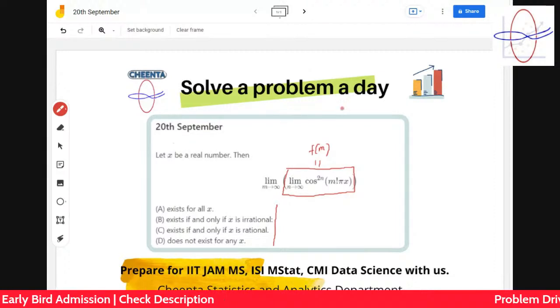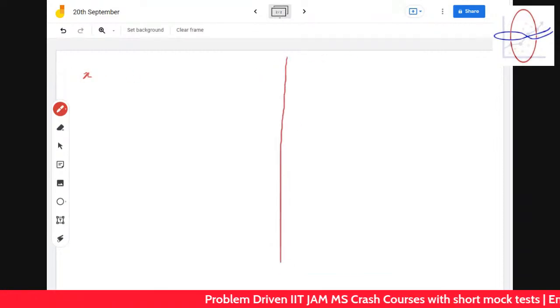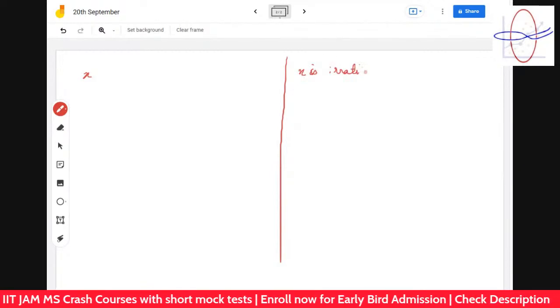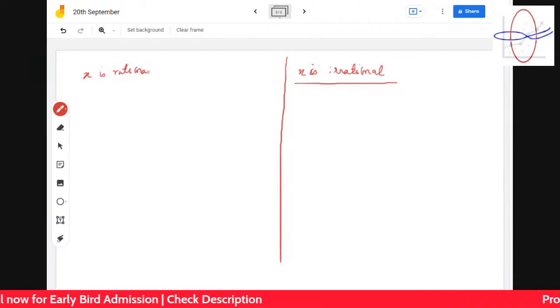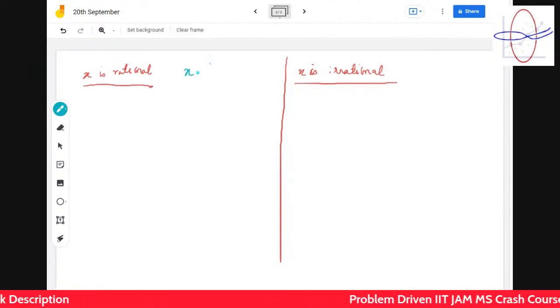So with the hint, we need to assume two cases: x is irrational, and here x is rational. Let's say x is equal to p by q format if x is rational.